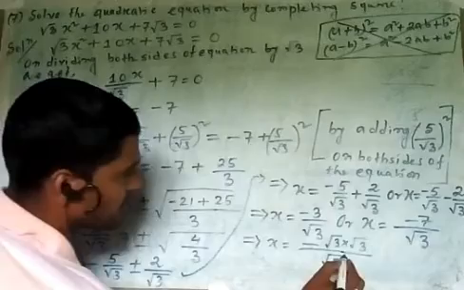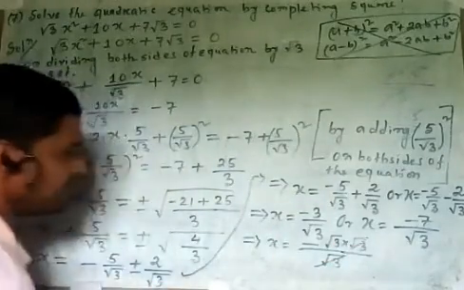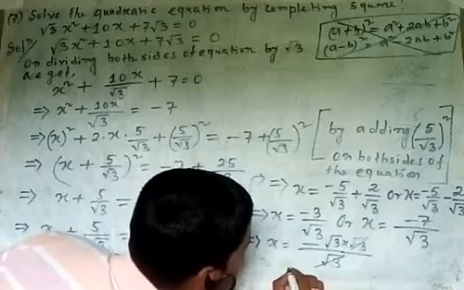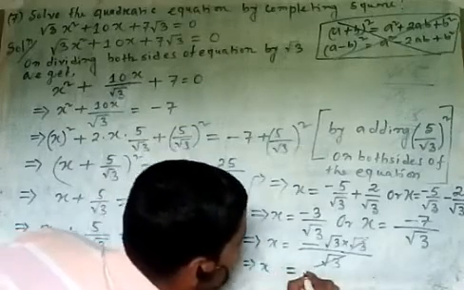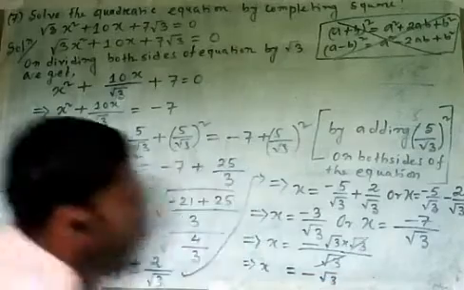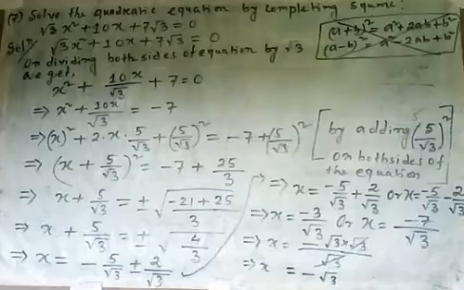So root 3 cancels. What remains? This implies x equals minus root 3.